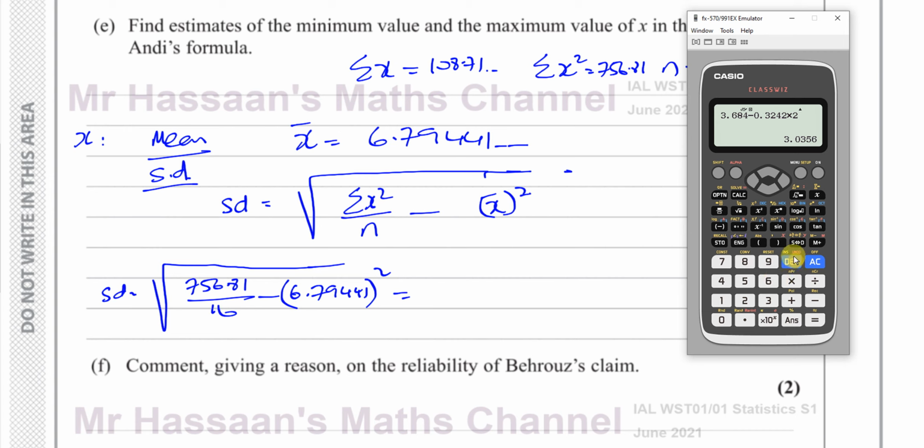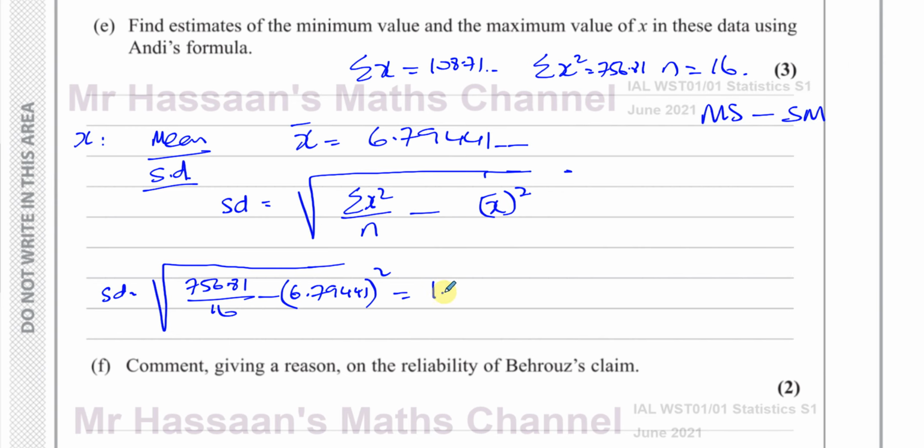So you have 756.81 divided by 16, then take away 6.79441 squared. Then we take the square root of our answer, and we end up with 1.0661. That's the standard deviation.